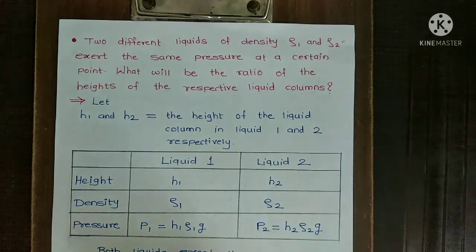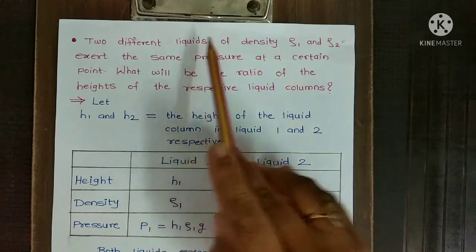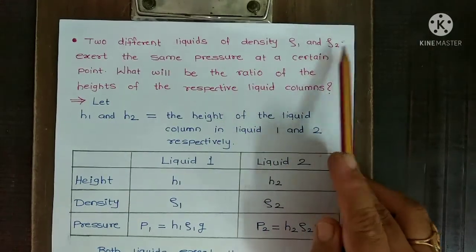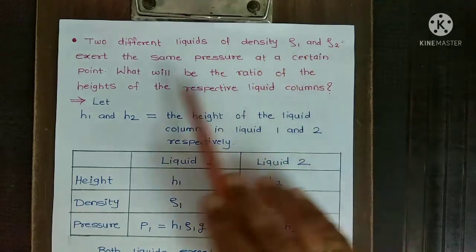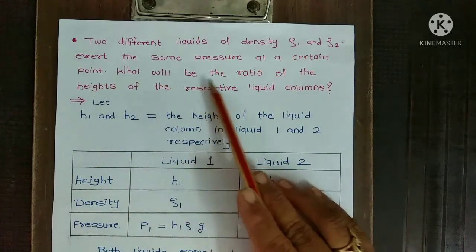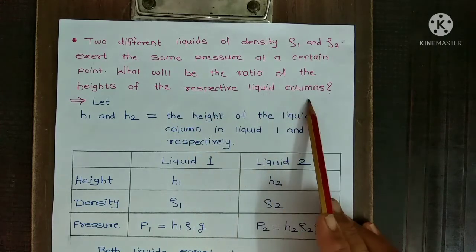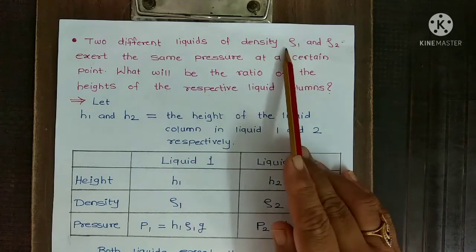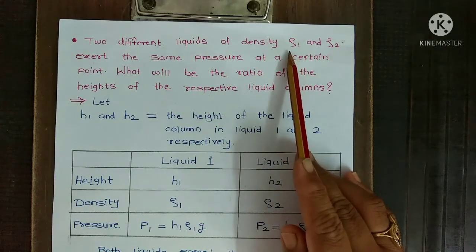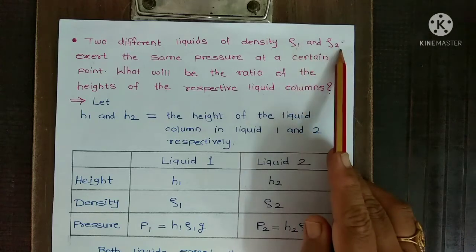After this, we will look at a theoretical example, that is, two different liquids of density rho 1 and rho 2 exert the same pressure at a certain point. What will be the ratio of the heights of the respective liquid columns? Here two liquids are given, having density rho 1 and rho 2.